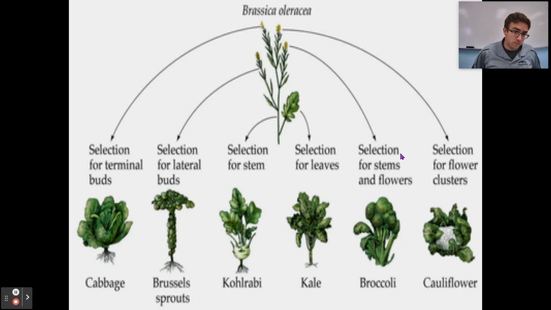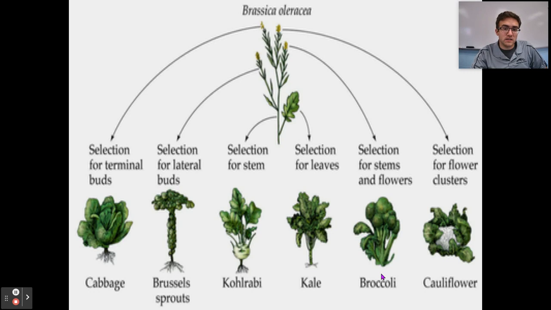Same thing with plants, with fruits and veggies, right? All of these plants, all these veggies that we eat, have come from the same parent plant. We just selected for different traits over and over and over again. By doing that, we've made all of these uniform.